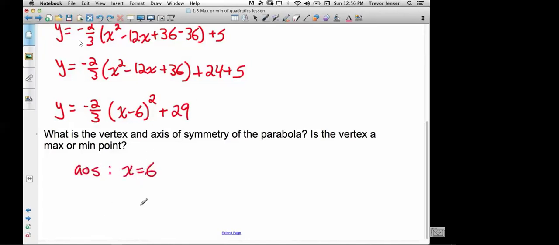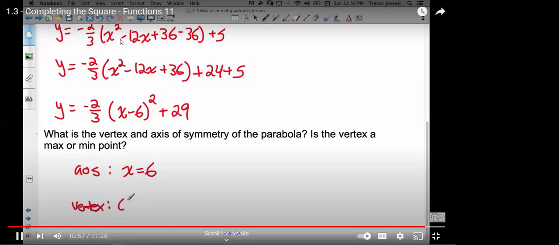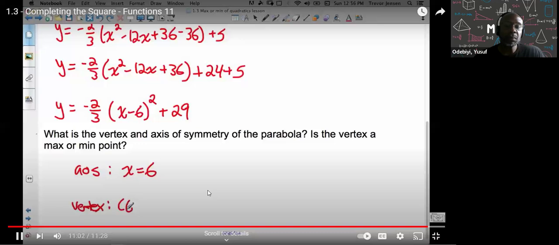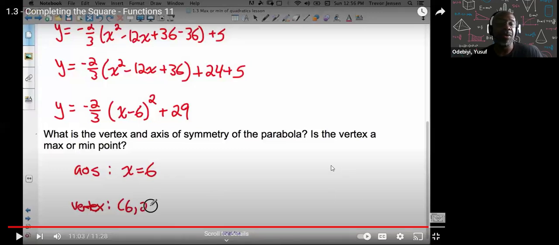That's the vertical line that passes through the vertex of the quadratic. My vertex is at (6, 29). Okay, so you get it, right? So basically my vertex is (6, 29), and that's how we go from standard form to vertex form.